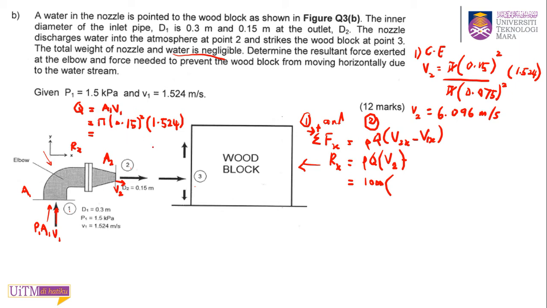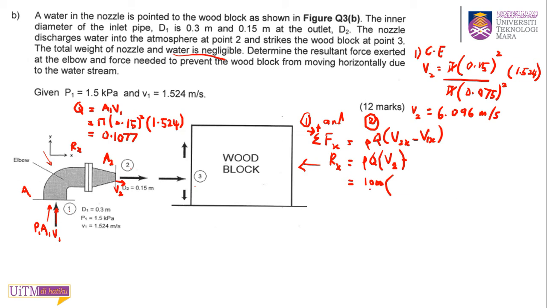Pi times 0.15 squared times 1.524. What's the value for Q? 0.1077.